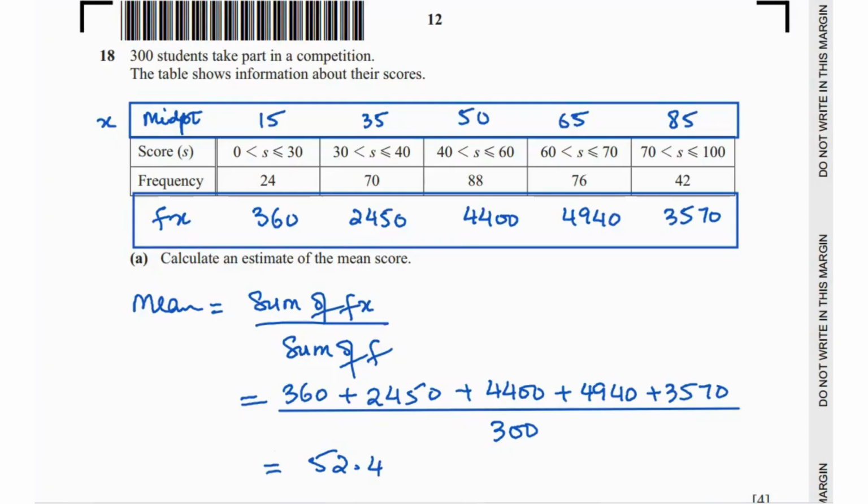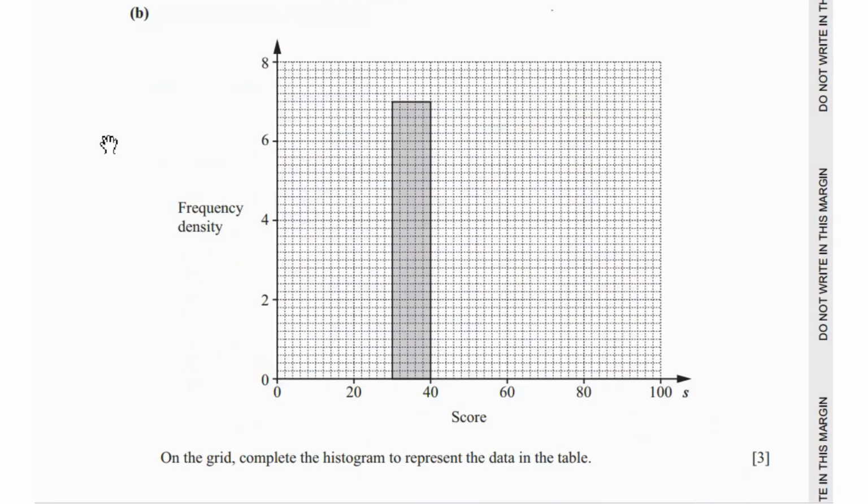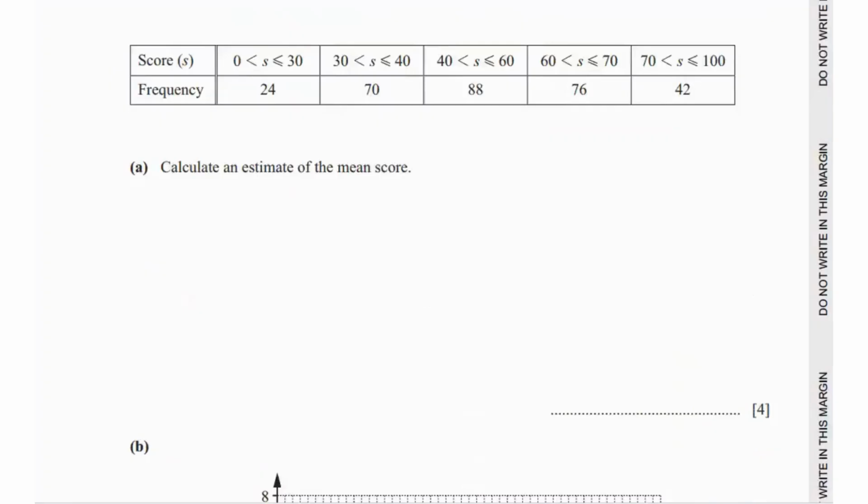Remember to find the midpoint of your intervals, then times that by the frequency, add the result in the numerator, and the denominator is going to be the sum of frequency. Then we have a histogram, and it's saying on the grid, complete the histogram to present the data in the table. So as you can see in the histogram, the y-axis is the frequency density, not the frequency value.